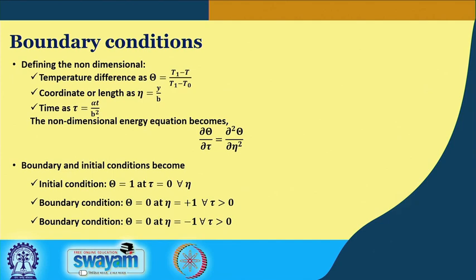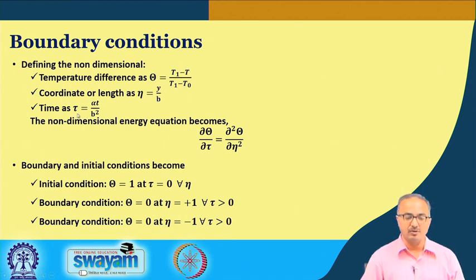We are assuming that across the axis at 0 there is a symmetry. So, we are going to solve only for half in the width direction. So, we are putting it in terms of b only, not in terms of 2b. And we are defining the non-dimensional time tau as alpha t by b square.